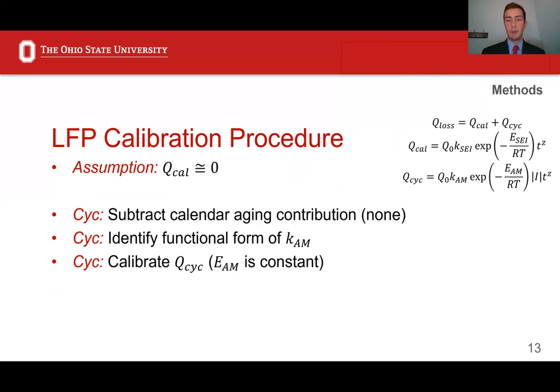For the LFP model, as we mentioned earlier, there was no calendar aging data in the data set. So the assumption was made that Q cal was approximately equal to 0, or the majority of aging occurred due to cycling. So similarly, we can identify the functional form of KAM and use this to calculate Q cycling.